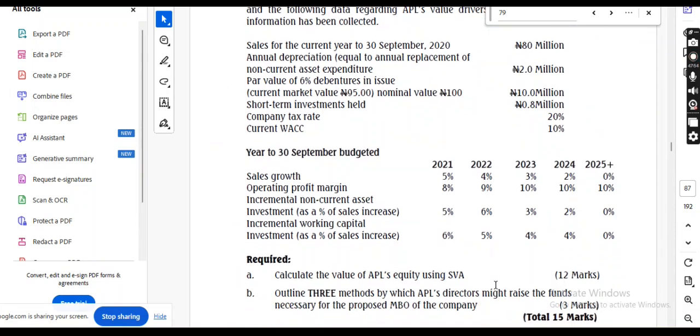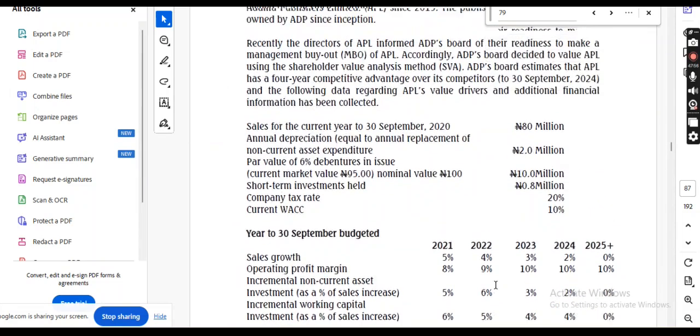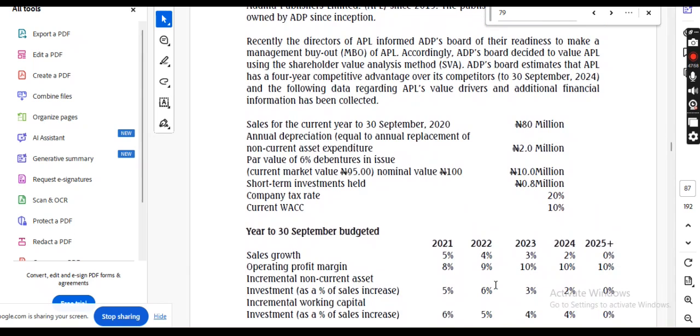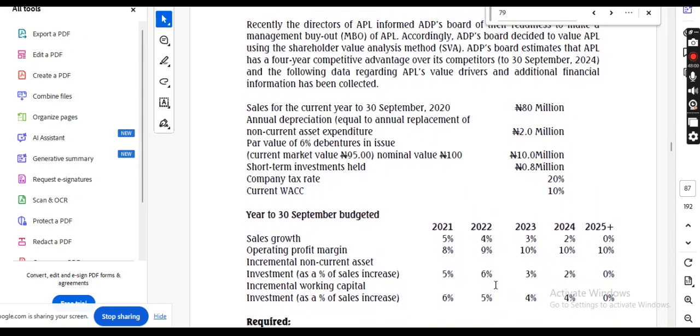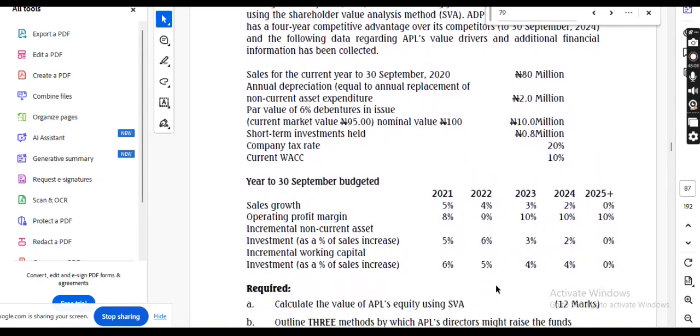The weighted average cost of capital is given to us, but there is no cost of equity. If we had that, we would have said this is free cash flow to equity, we discount, and we have the value.